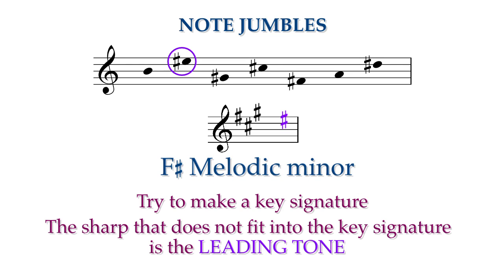For melodic minor scales, the key signature for the tonic you found and the key signature you made do not match. The extra sharp in the key signature that you tried to make from the jumble does not belong there. It is the raised 6th scale degree, la, and it is actually created by an accidental in the scale.